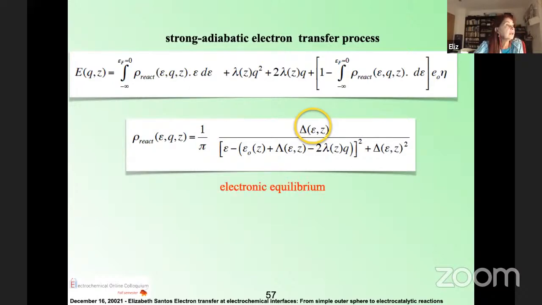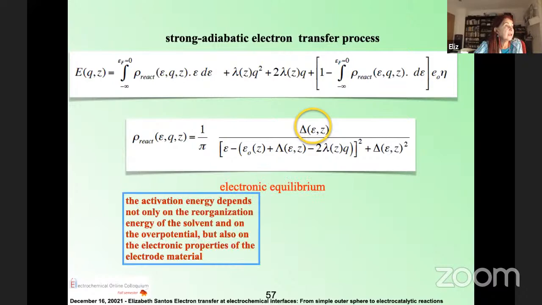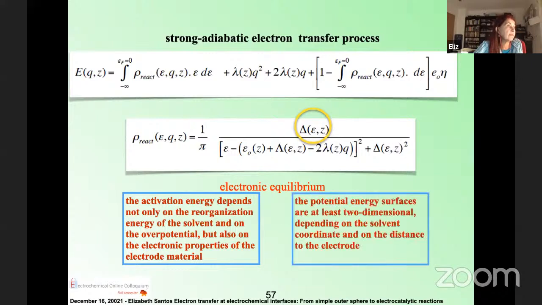And we have here, again, electronic equilibrium. And now the activation energies depend not only on the reorganization of the solvent, but also on the properties of the electrode material, and obviously also on the overpotential.